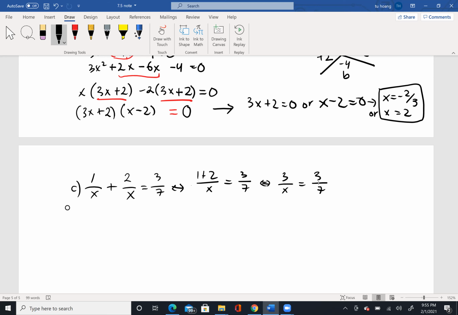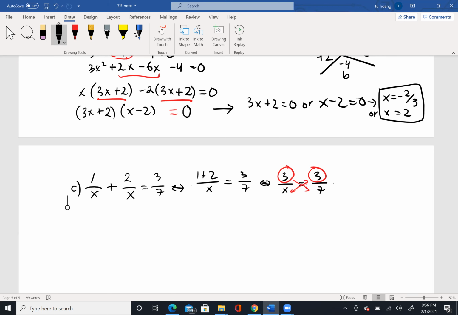So in this case, if you see that, you quickly understand that the tops right now are both equal to 3. So the bottoms are supposed to be equal to each other also. That means you can right away say x equals 7. Other than that, you can apply cross multiply for this case also.